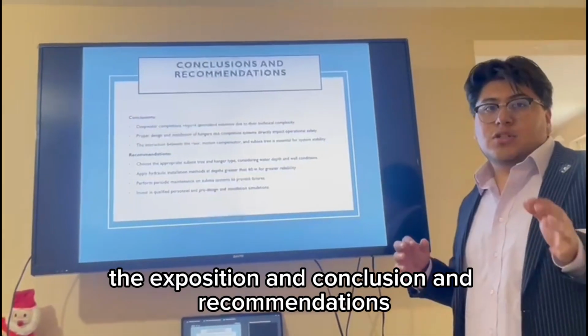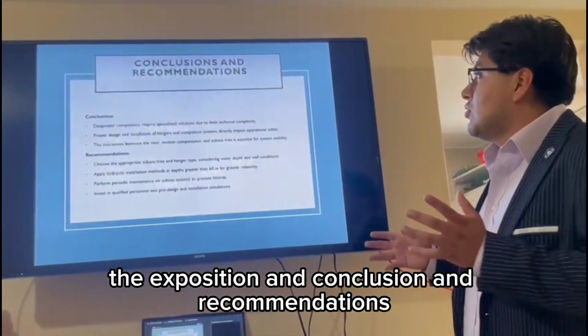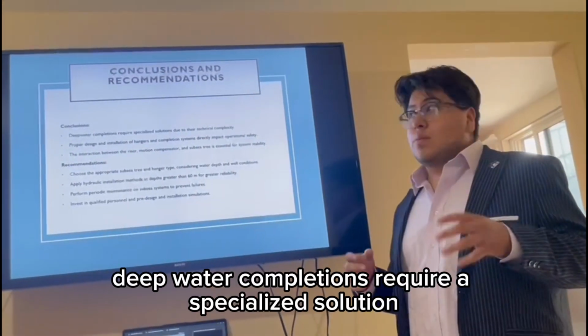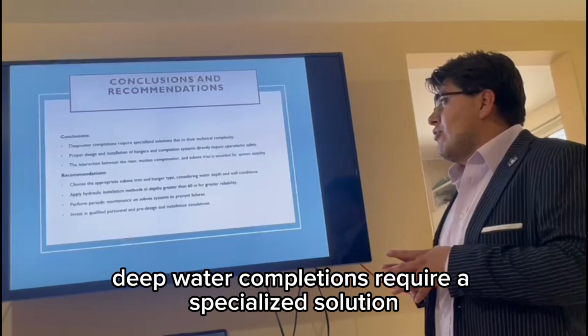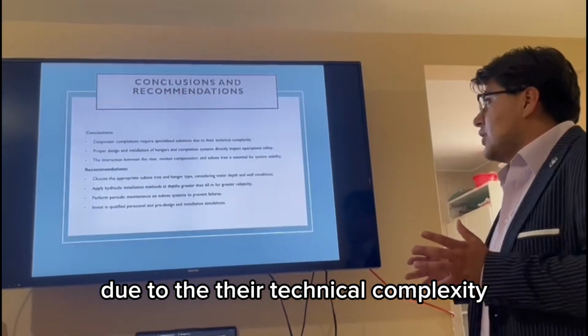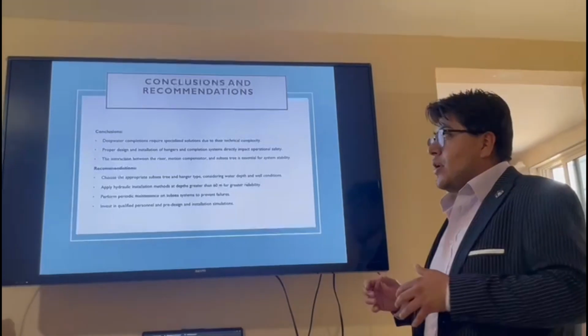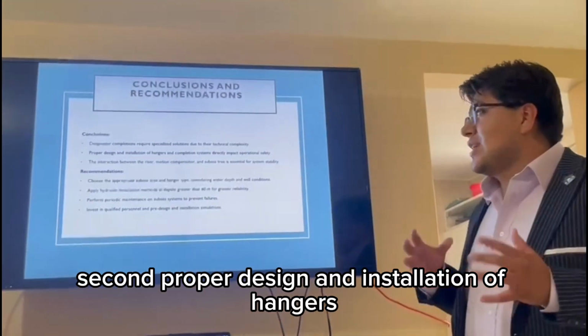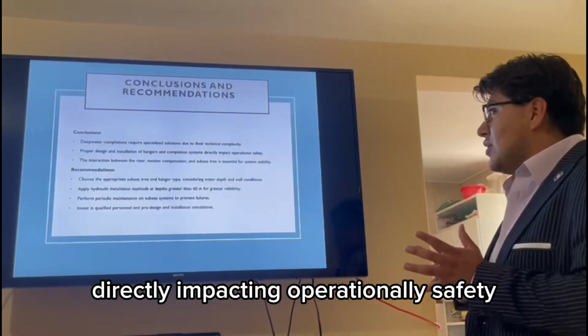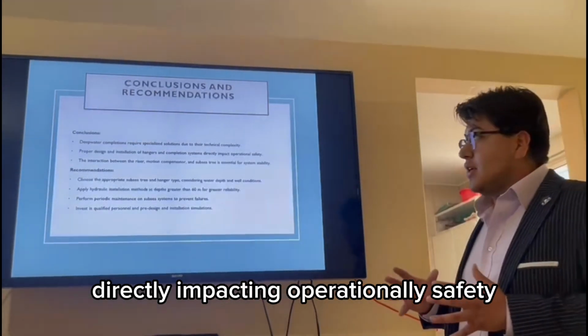And finally, the exposition, conclusions and recommendations. Conclusions: the first, deep water completions require specialized solutions due to their technical complexity. Second, proper design and installation of hangers and completion systems directly impact operational safety.